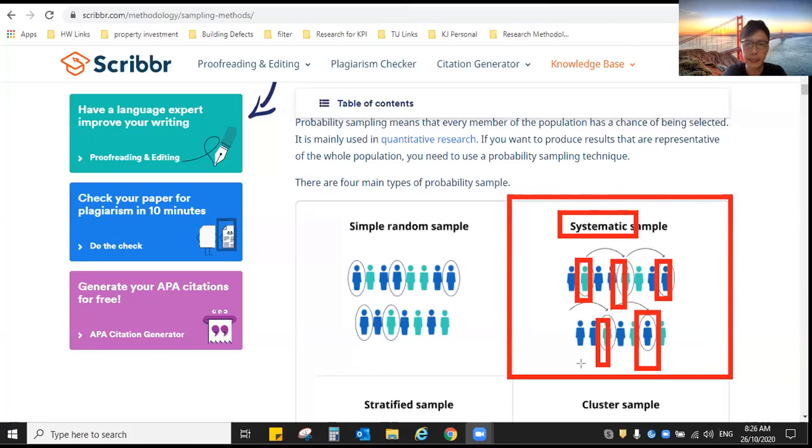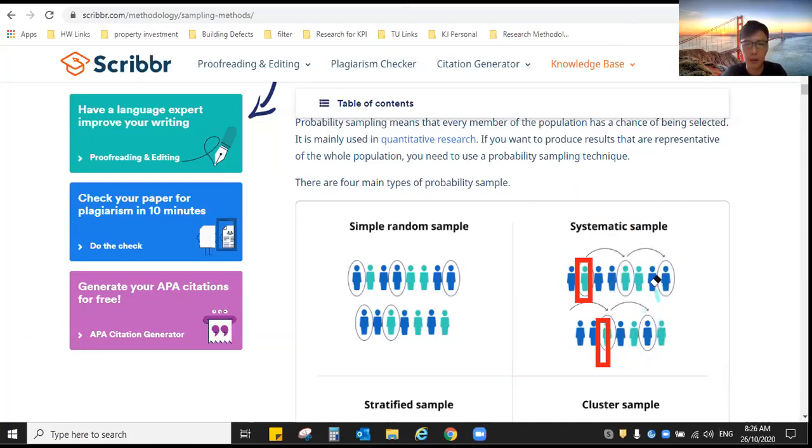Systematic, very easy, right? You take every third, or every fourth, or every fifth one. So you systematically set the rules. That is systematic sample.